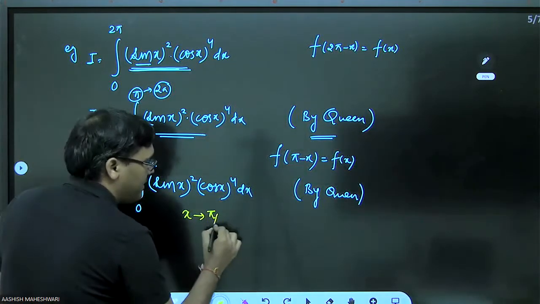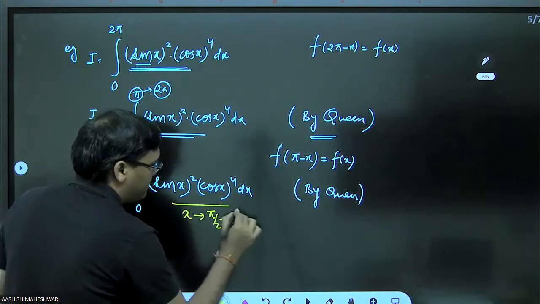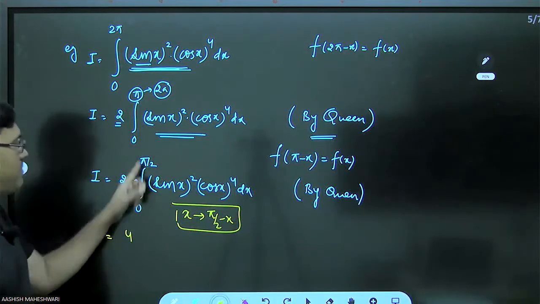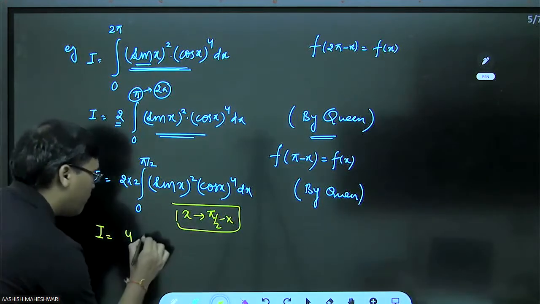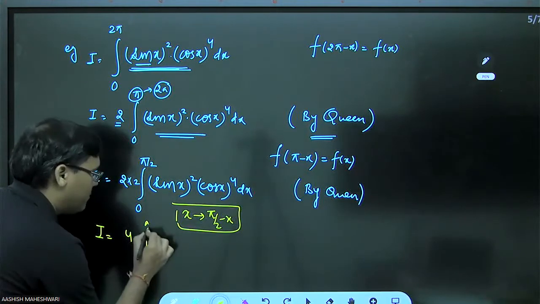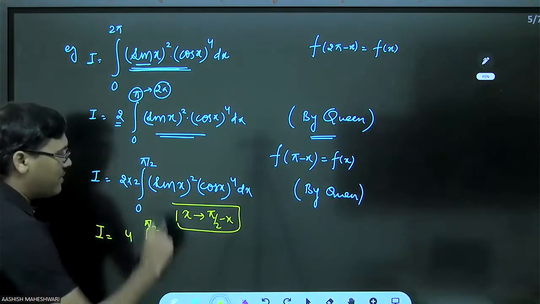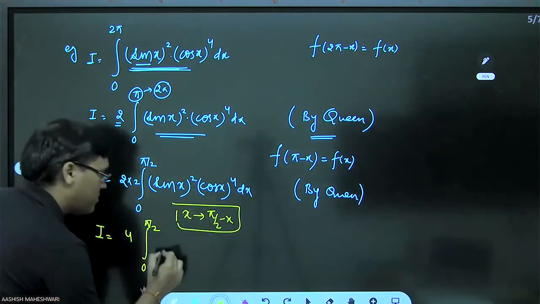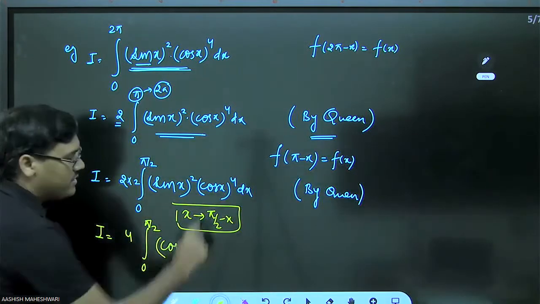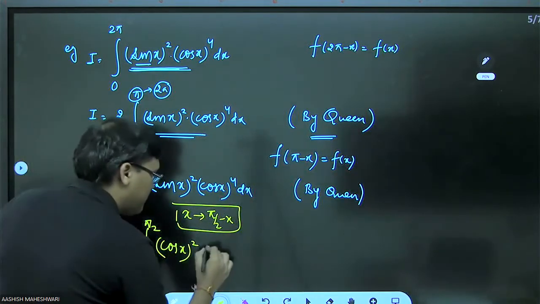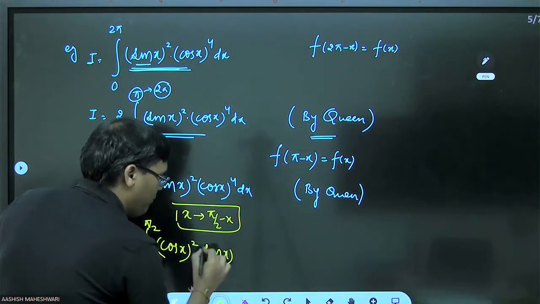So if I replace x with pi by 2 minus x, the integration remains same by King rule. So you can see this is 4 times integral 0 to pi by 2, and this will become sin of pi by 2 minus x, which is cos x, so this will be cos x square. And what is cos of pi by 2 minus x? This is sin x, sin x raised to 4.